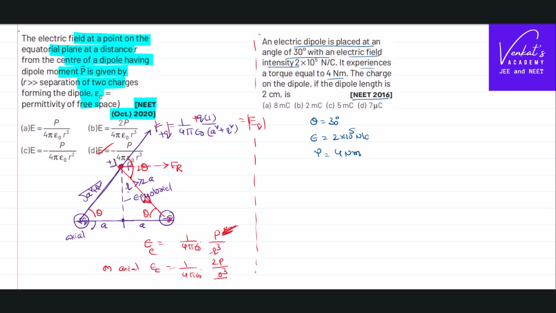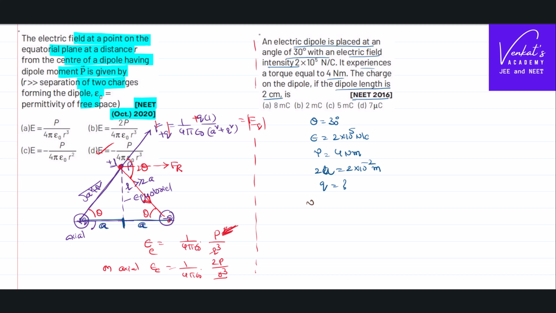If the length of the dipole is, like I said, from center to here is a, and here there is another a, that is called the length of the dipole, that means 2a together is given as 2 centimeter, that is 2 into 10 power minus 2 meter, then how much is the charge is the question.